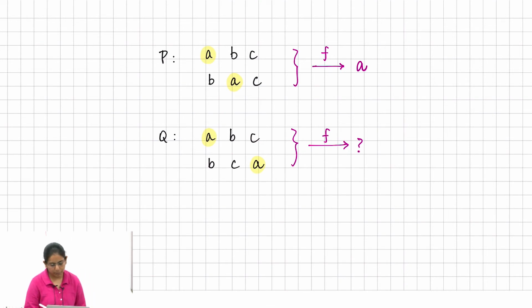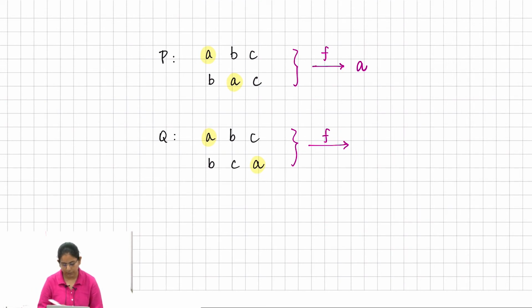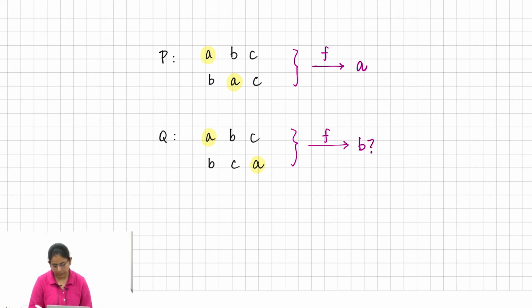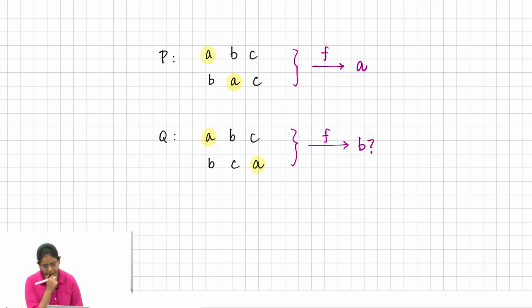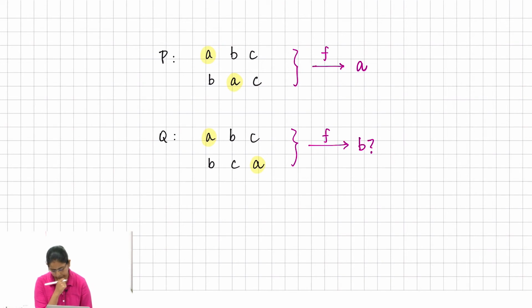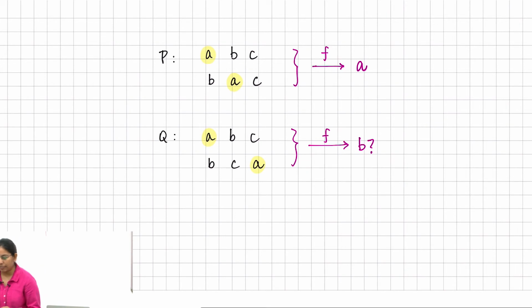Then in the second profile, where A was demoted to the bottom position by the second voter, can this outcome be B? Just think about everything you have at your disposal.